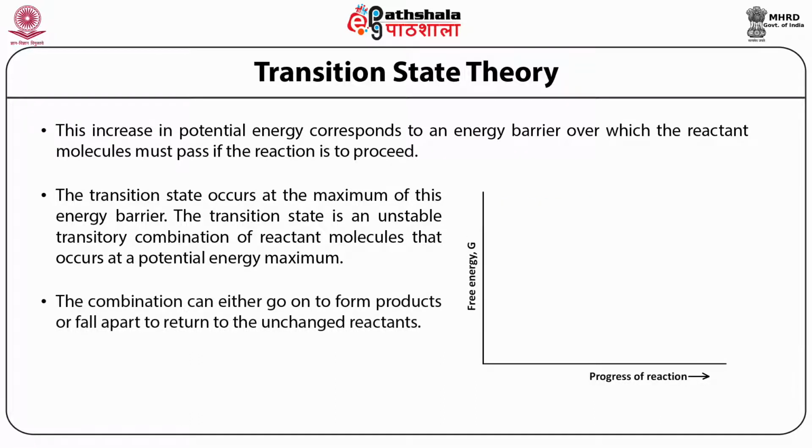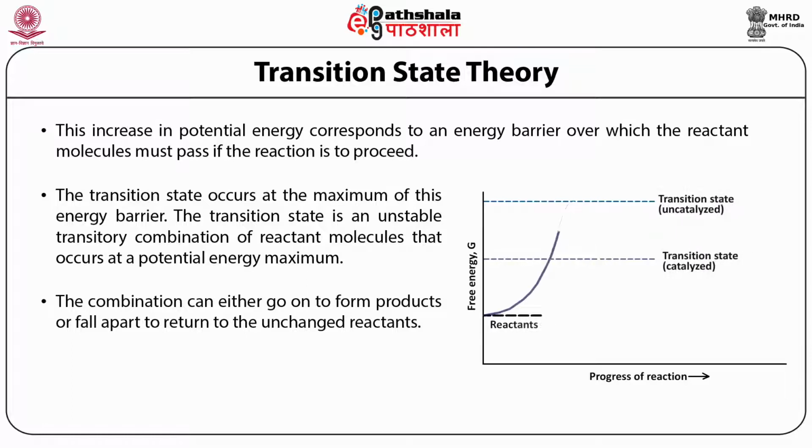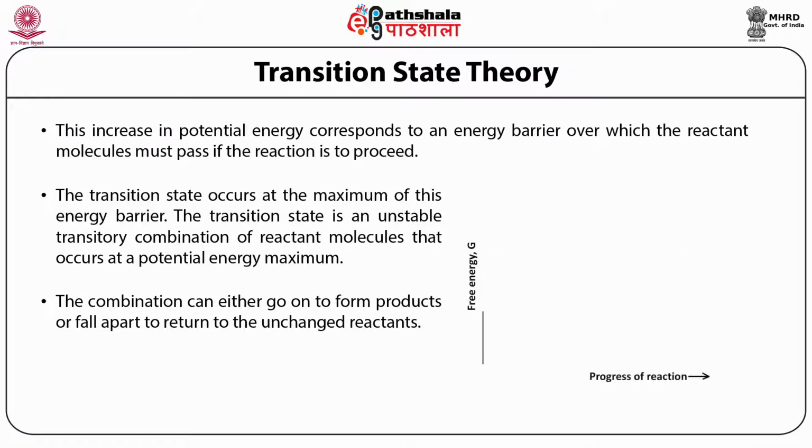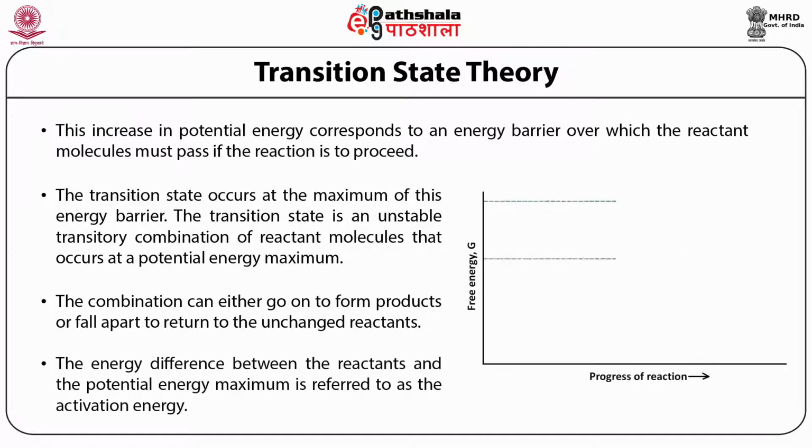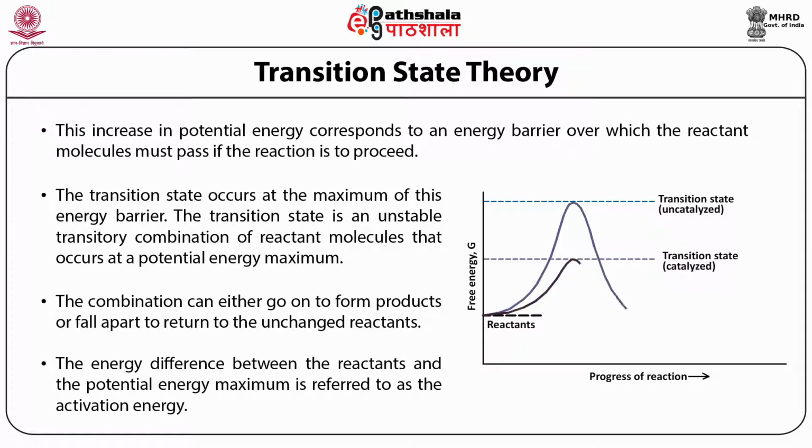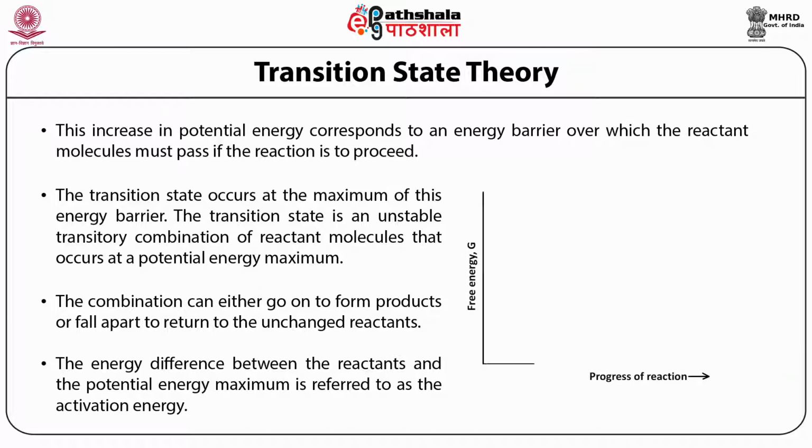The combination can either go to form the product or fall apart to return the unchanged reactant. The energy difference between the reactant and the potential energy maximum state, that is the transition state, is referred to as activation energy.